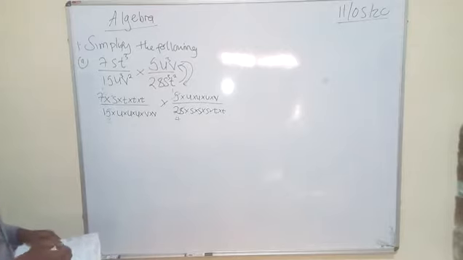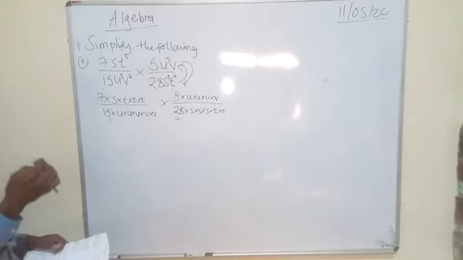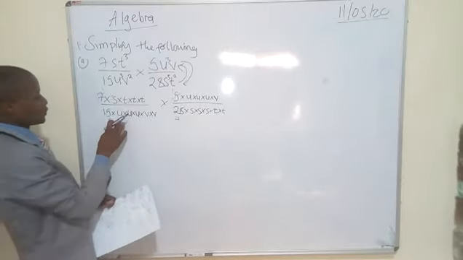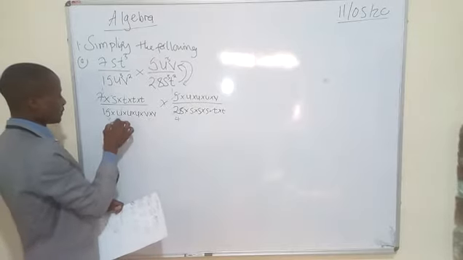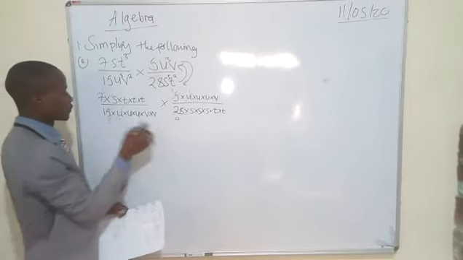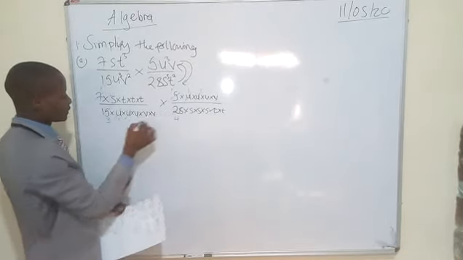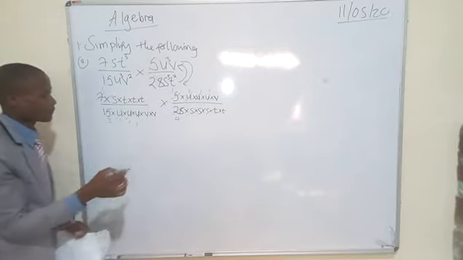After cancelling the numbers, we go to the letters. You check which letters are common both on top and at the bottom. We can see we have u here, we also have u there. So we can remove one u, remain with one there, even there we remove one u. We still have u, so we can cancel that u, cancel there, cancel that one.